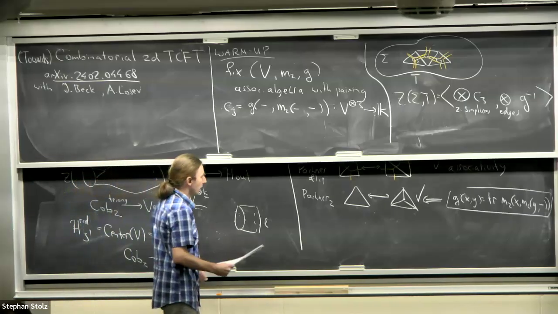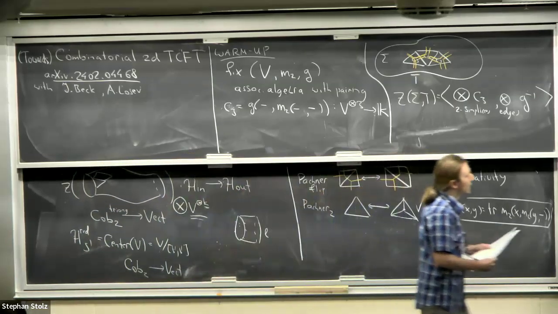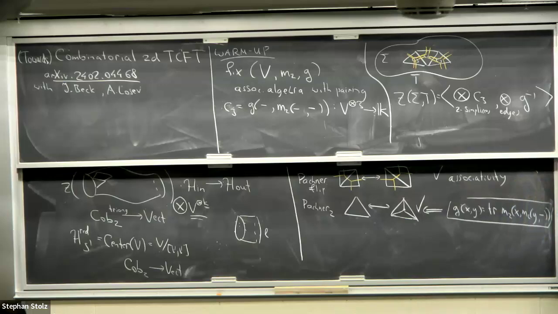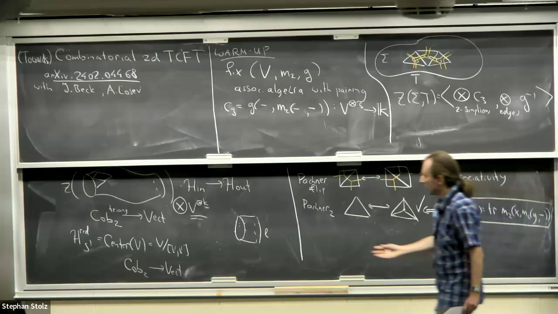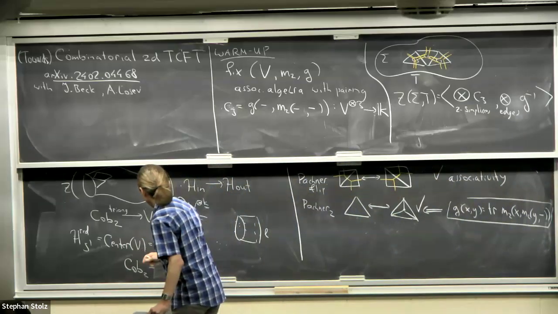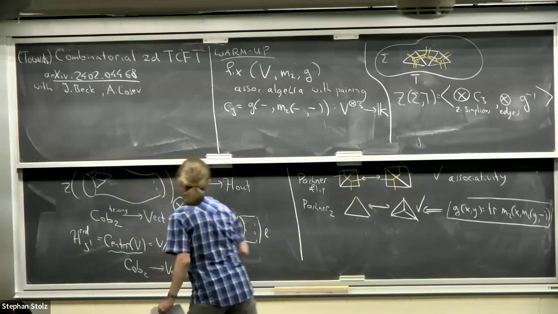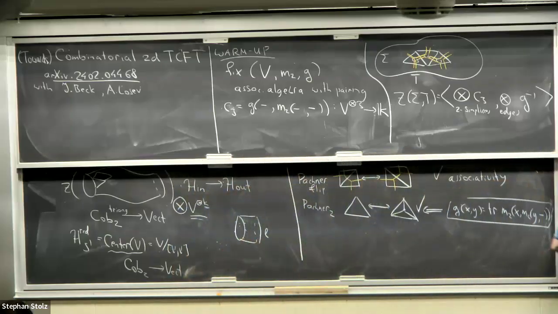So it assigns numbers to closed surfaces and linear maps between spaces of states. And here I wrote the space of states for a single circle for surfaces with boundary.